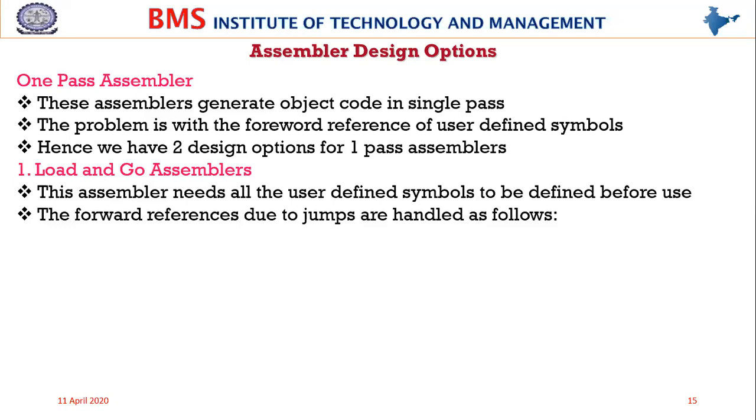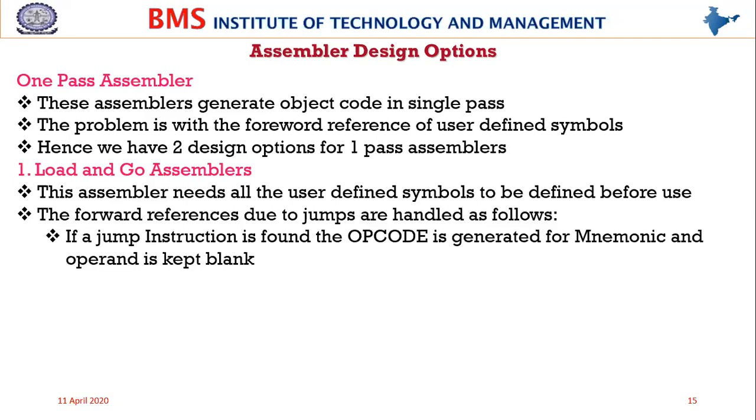Here also all the symbols need to be defined early, but even though the symbols are defined early, forward jumps may be there. Something like at 0030 we have a label loop, and the label loop appears at 0036; then the address of loop will only be available once we assemble the instruction at 0036.